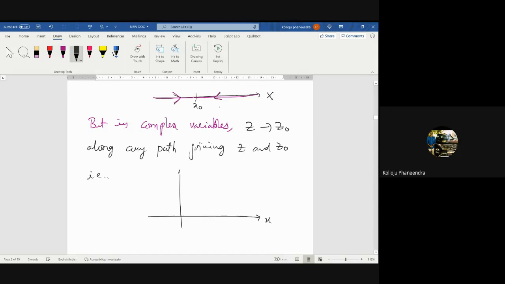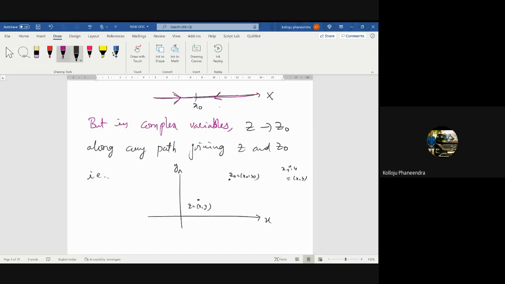It has x and y terms. If I take z here, that means x plus iy. X plus iy can be taken as the point x comma y. And z naught I am taking here, for example, this is z naught. The z naught point is x naught comma y naught.